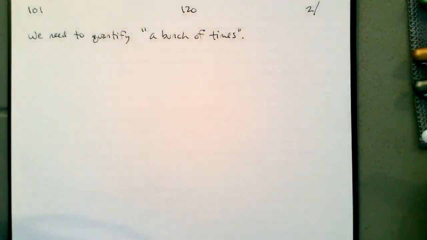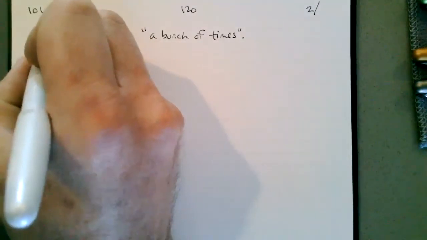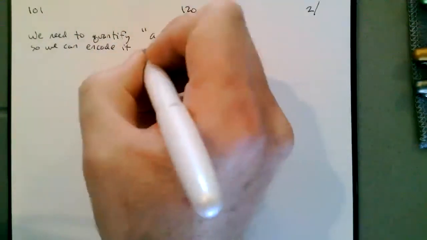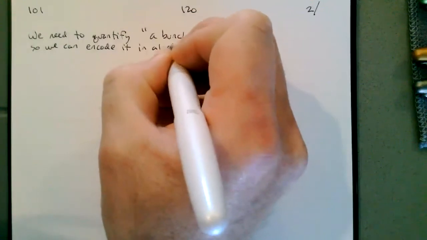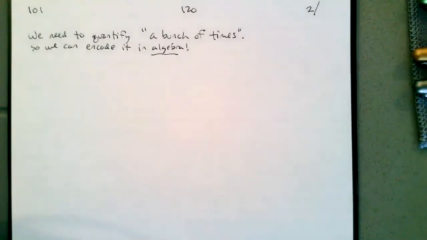That's the repeated addition, add 3 a bunch of times. But it doesn't really help us quantify things from an algebra standpoint. We understand the pattern, but we're not writing it in a very efficient way. So we need to quantify this a bunch of times business so we can encode it in math. So we want to be able to encode this stuff in algebra.